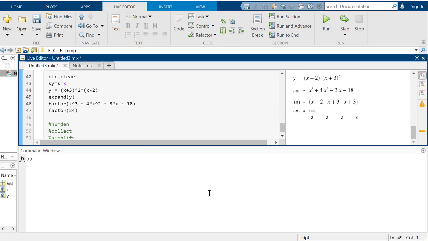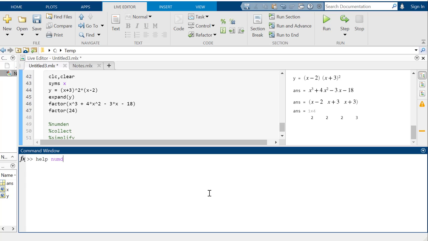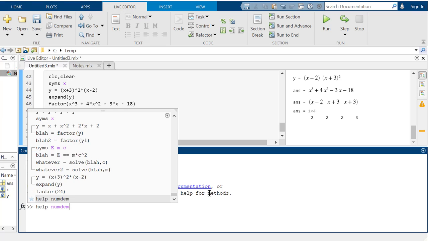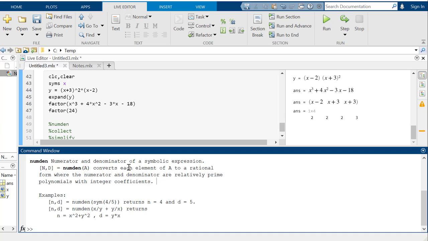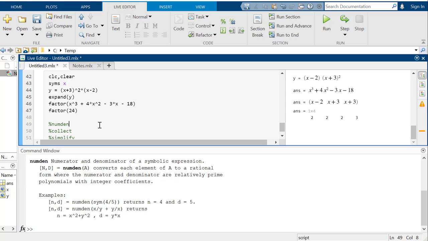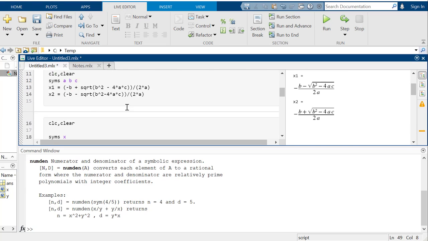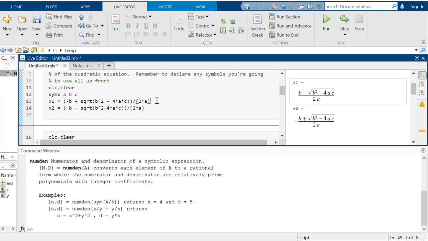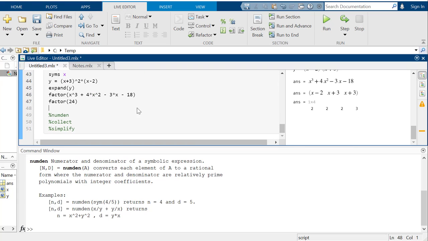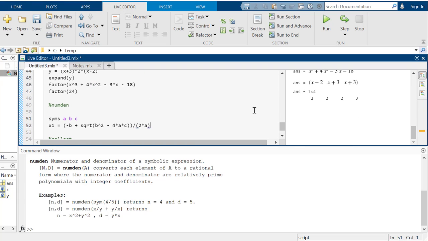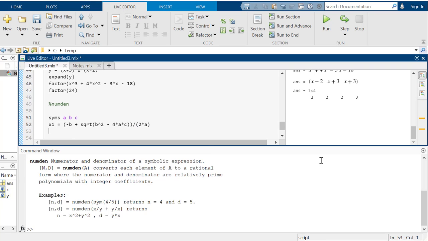So Numden, let's check it out. Remember, we can always go to help to get information. It's going to pull the numerator and the denominator out. So let's do it up here where we have our quadratic equation, just for funsies. Let's say I want the Numden of x1.